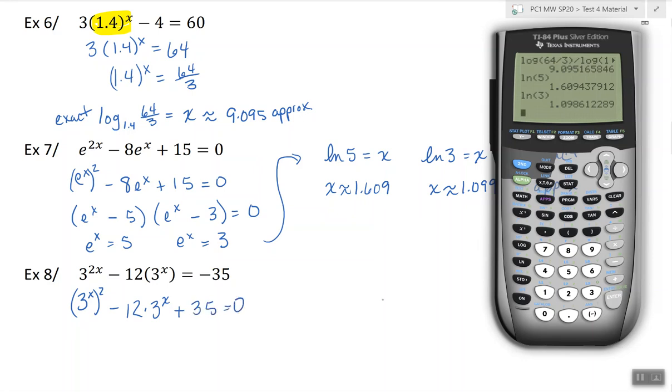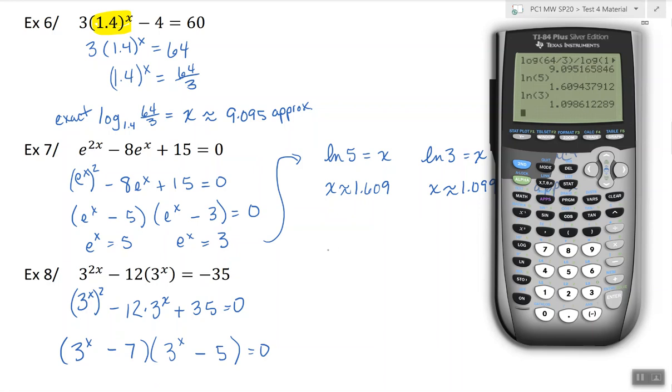We're going to try and factor this, so might as well get everything on one side equal to 0 at this step. And factoring, I get (3^x)(3^x), and with my 35 being positive and that 12 being negative, I know I have two negatives, 7 and 5.